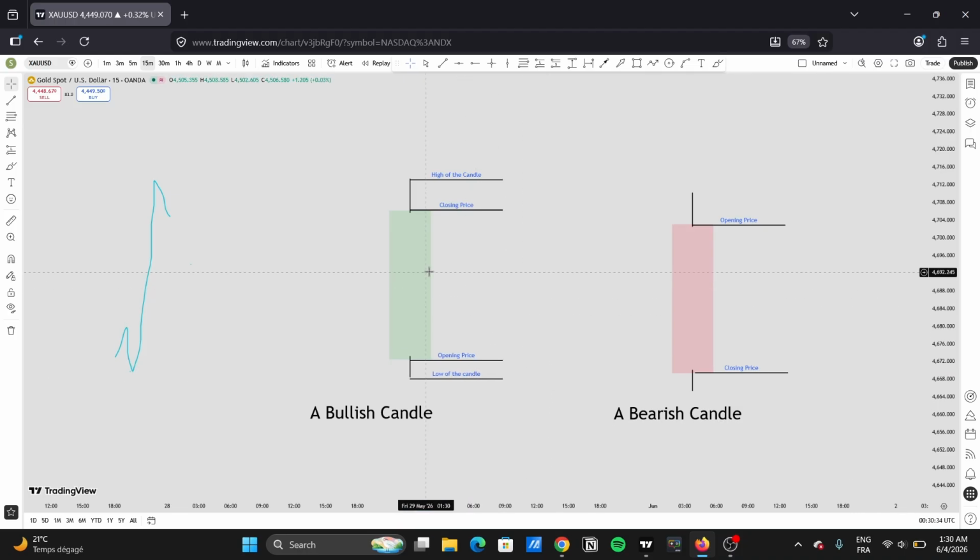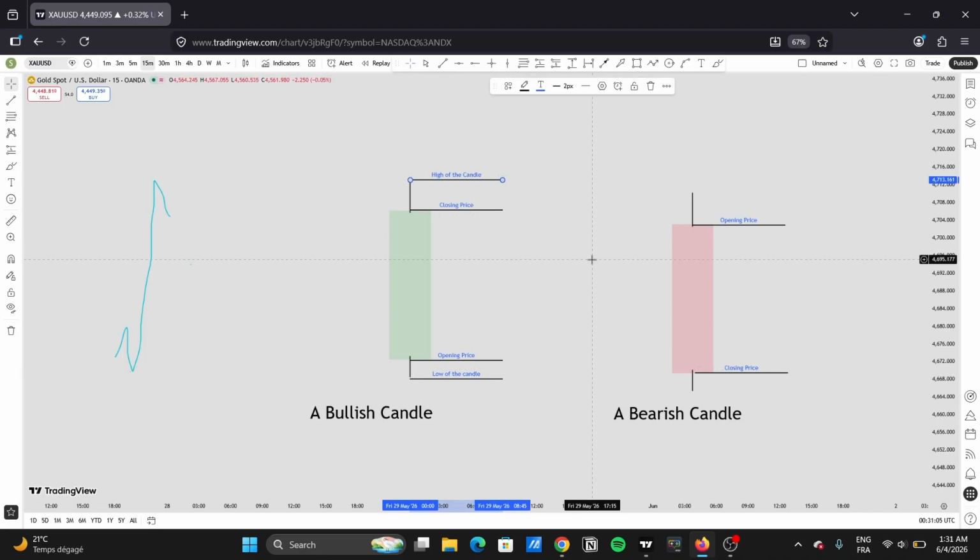So basically what happened in this particular candle is that the market opened right here at this price, then made the low of the candle, then pushed upside and made the high of the candle, and then closed here. This left us with a candle with a rectangular green body, a wick from the top and a wick from the bottom.